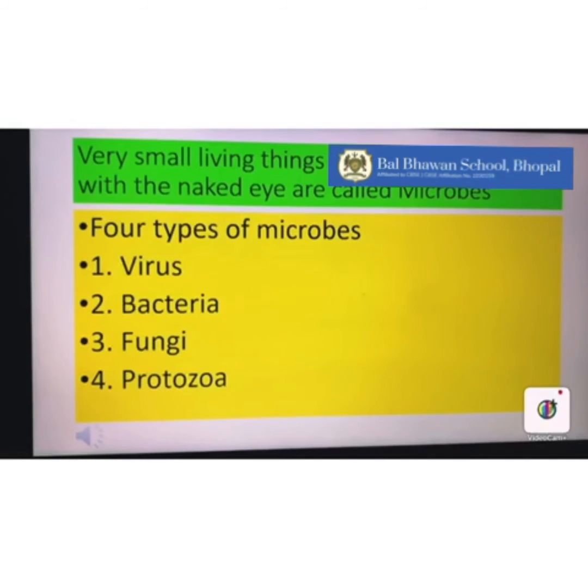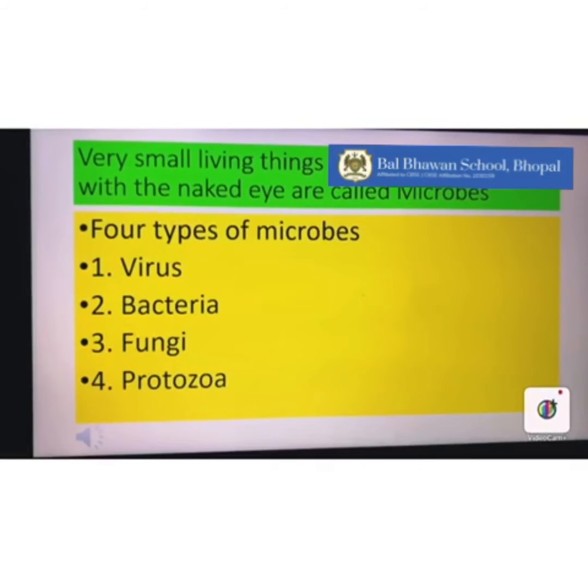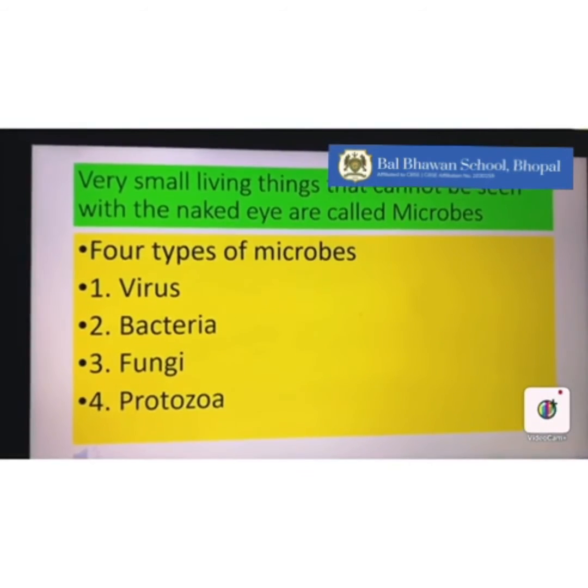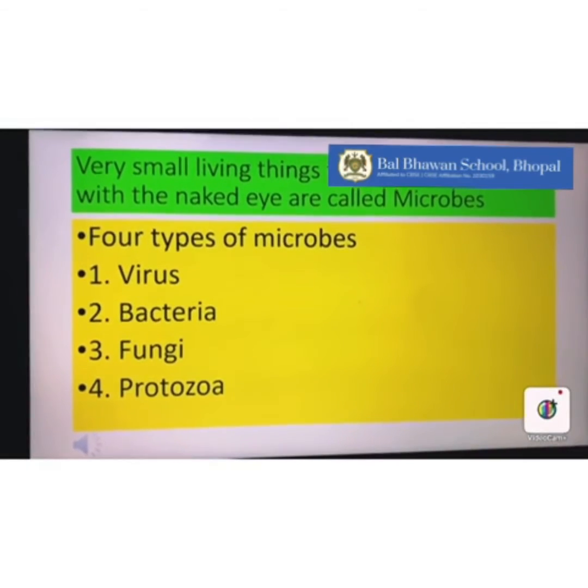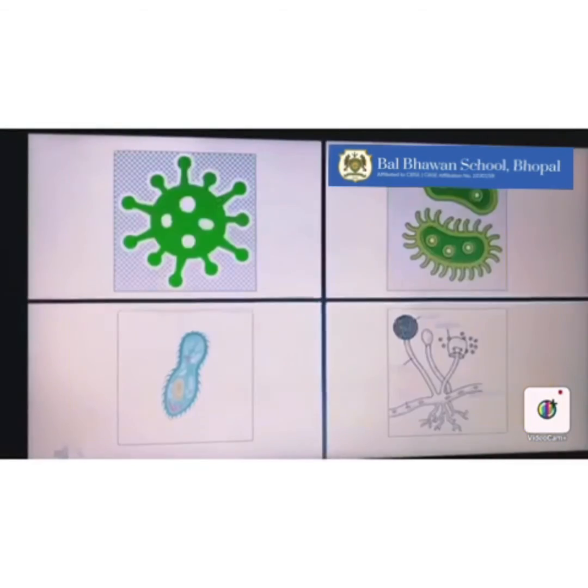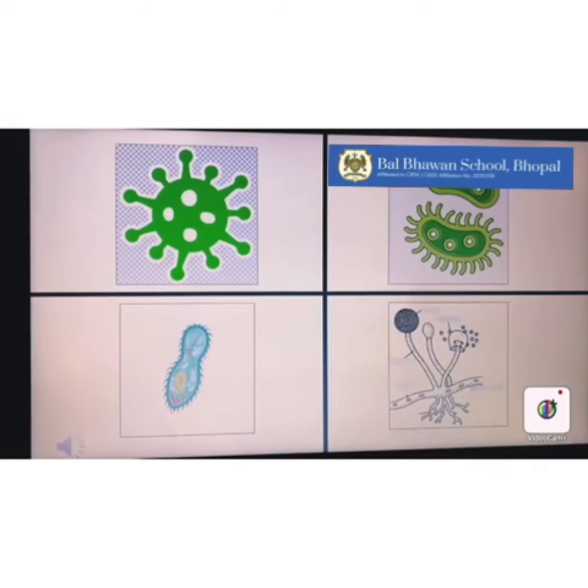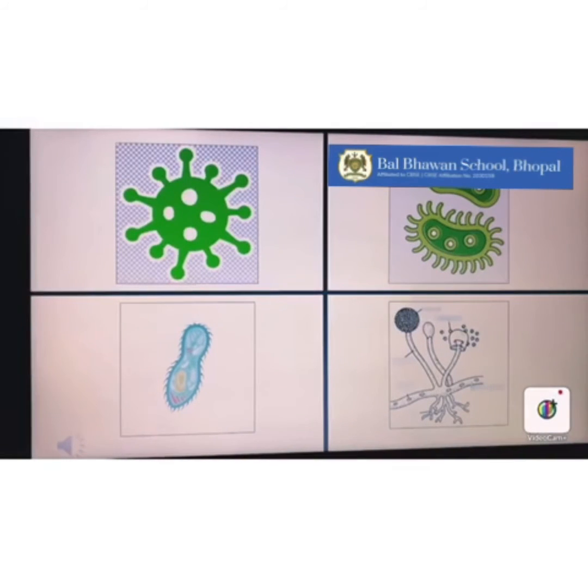There are 4 types of microbes mainly. They are virus, bacteria, fungi and protozoa. Now see here children, in this slide there are certain microbes. See the pictures given: virus, bacteria, protozoa and fungus.